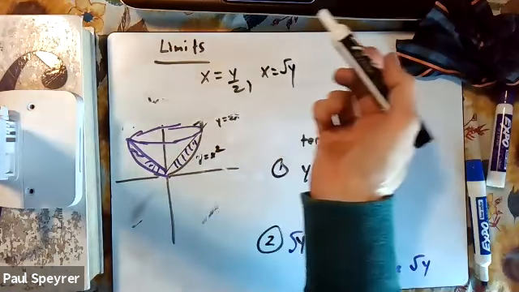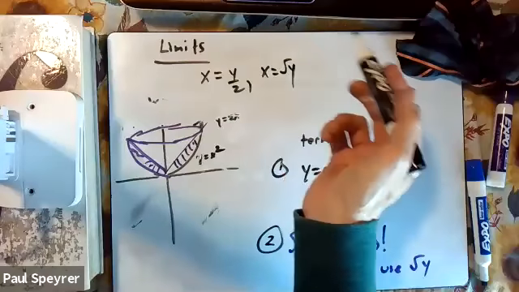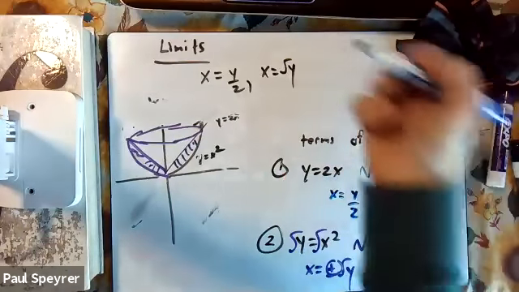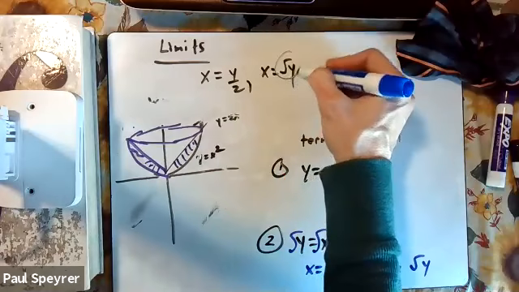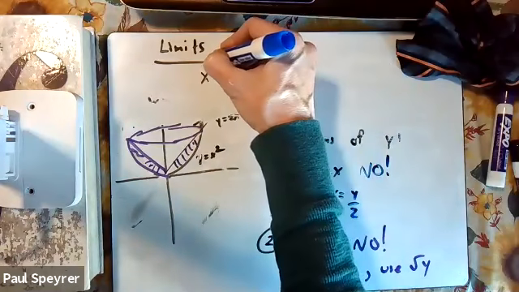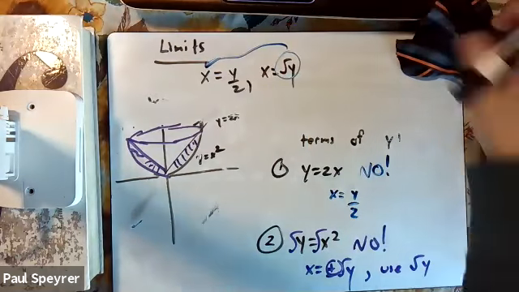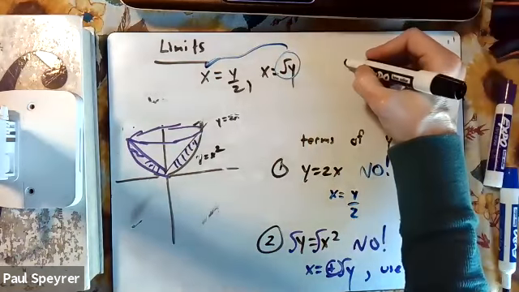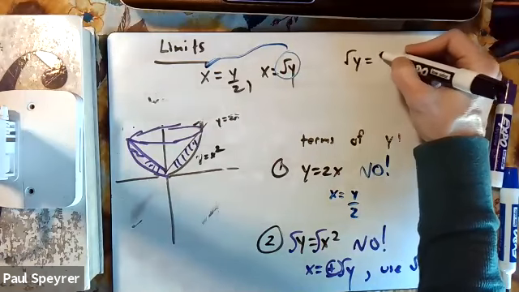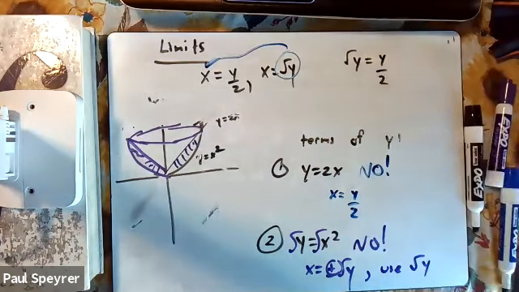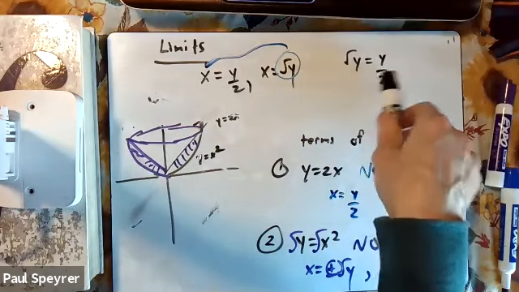You're going to get the same result. So I'll take this and plug it into here, just to show you. It really doesn't matter. They're both solved in a similar fashion. If you do that, you get square root of y equals y over 2. Now, how are you going to solve this for y?